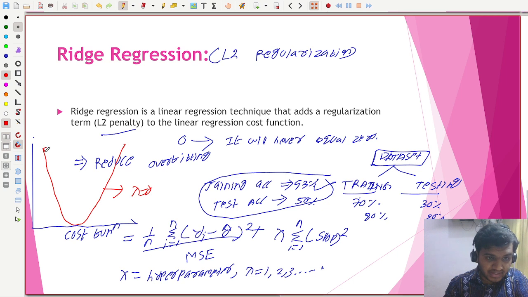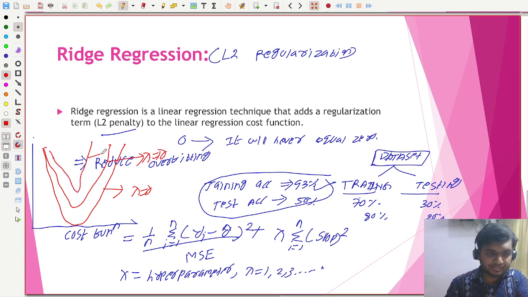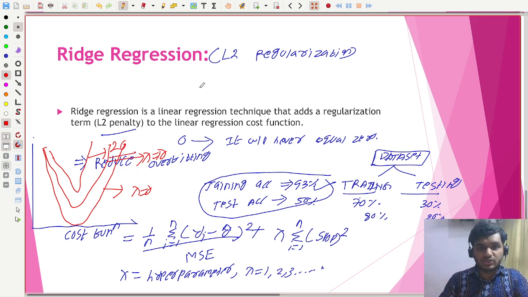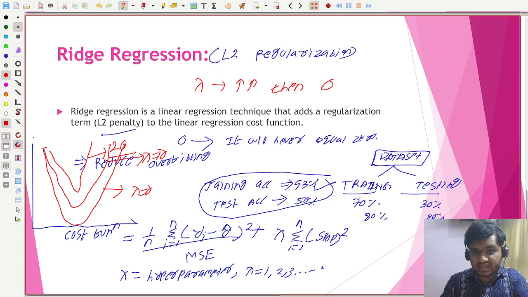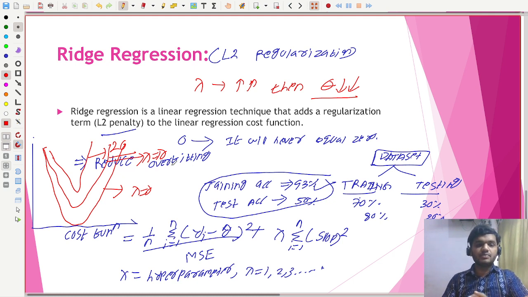And as lambda increases, then it is for lambda equal to 10, and it is for lambda equal to 20. When lambda increases, then theta decreases. Theta means the slope. And it will not become zero. So it is ridge regression.